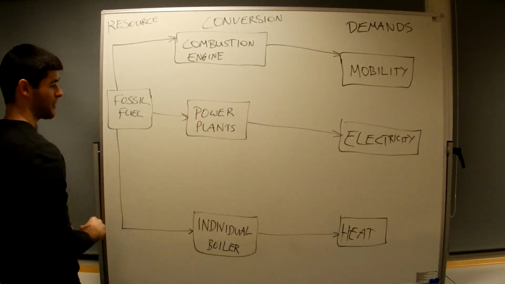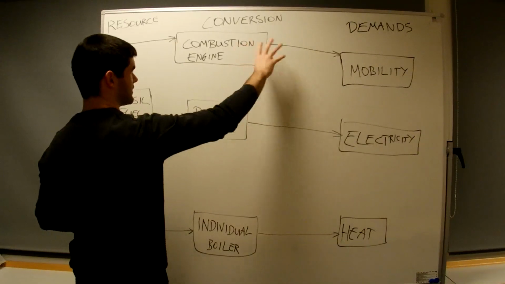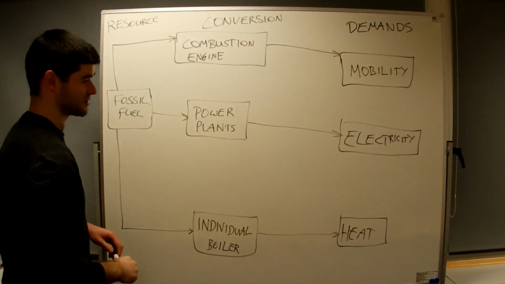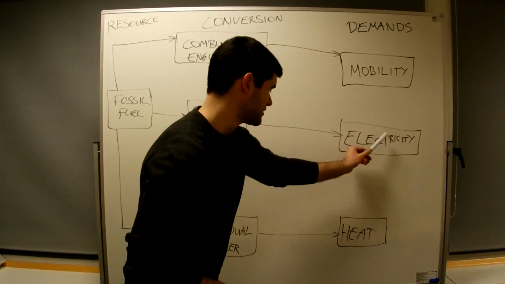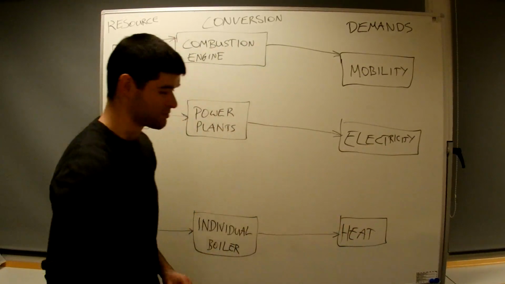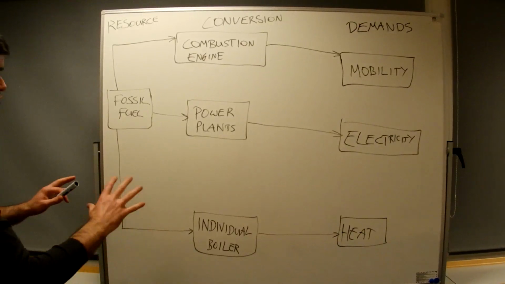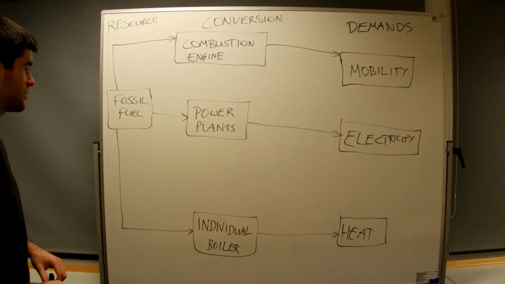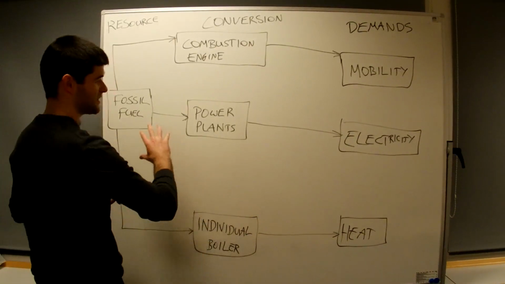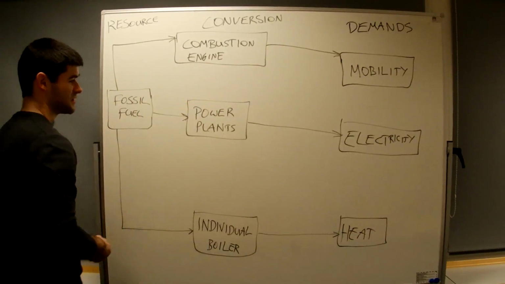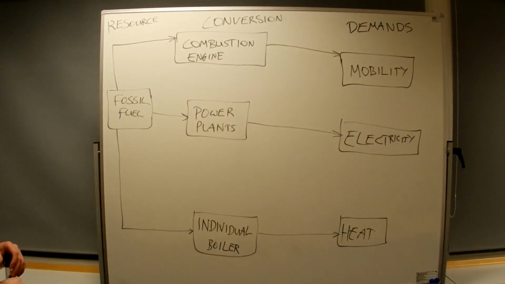Electricity is provided by power plants, and electricity has very little interaction with the transport sector. There is a small bit of interaction here where sometimes electricity is used to provide heating or cooling, but for the purposes of this diagram, I'm just going to leave it out so it doesn't become too cluttered, because the general principle is that in almost all cases these are very separate from one another.